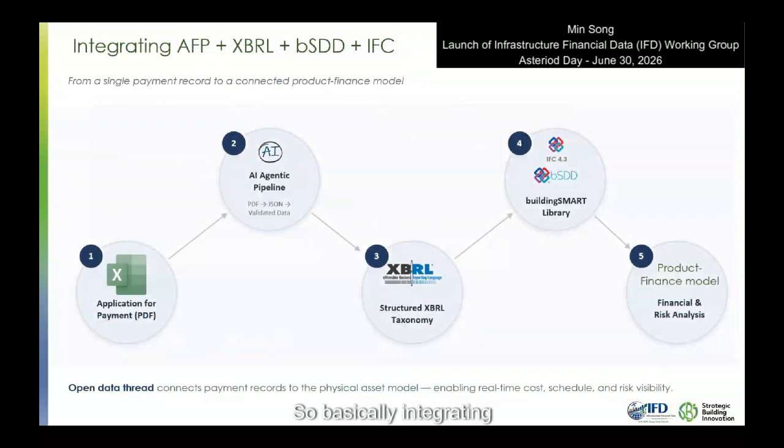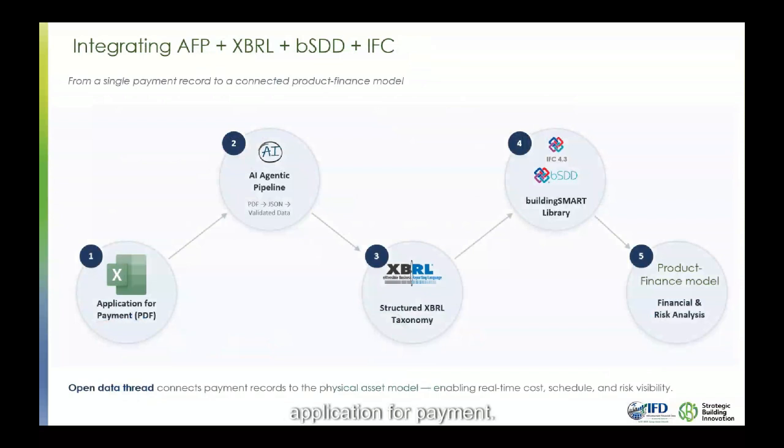So basically integrating application for payment data with 3D objects or IFC objects. And then the benefit of this integration is that you can do a financial analysis and risk analysis with an actual product model with detailed finance data coming from application for payment.